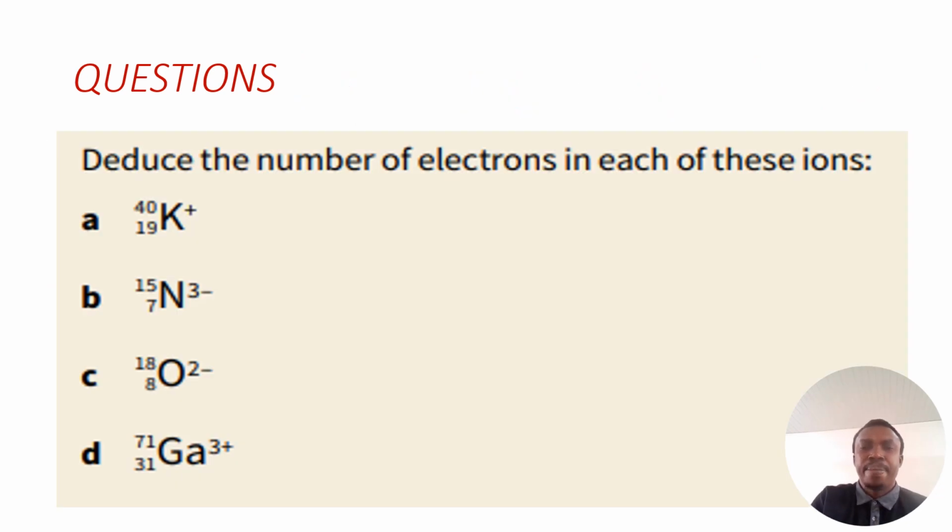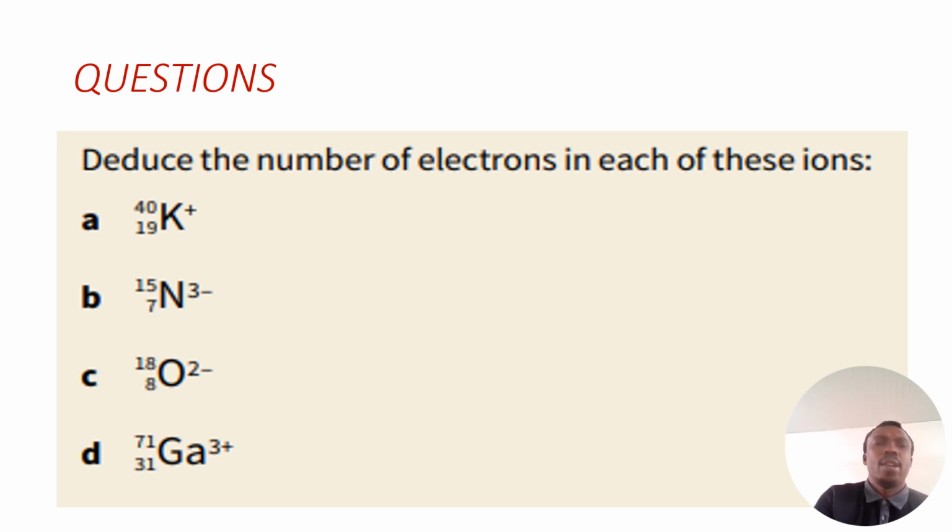So this is another example, which is a typical examination question. I'm going to solve A and B, and I'll leave C and D for you to attempt. Deduce the number of electrons in each of these ions.